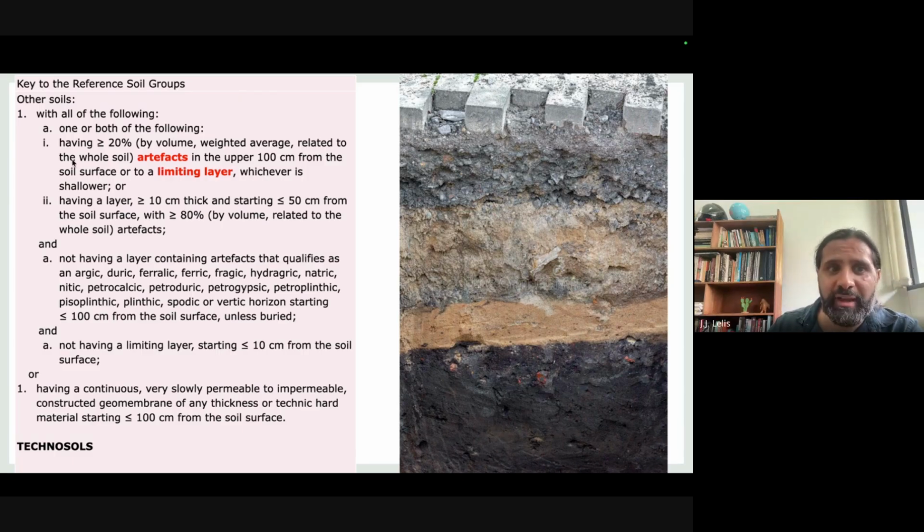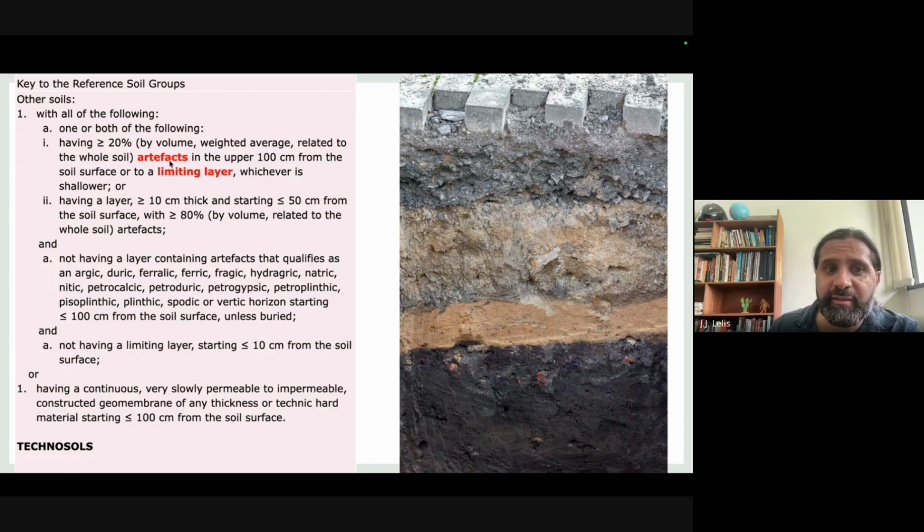They have at least 20% of artifacts. What are artifacts? Artifacts are materials produced by humans and added to the soil. For example, concrete, asphalt, stones produced by humans, trash, everything are artifacts.